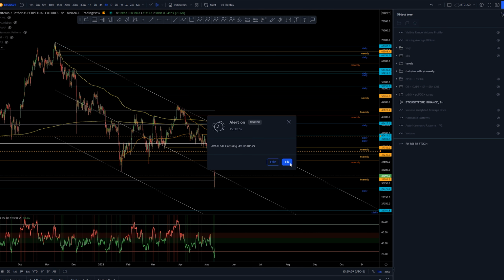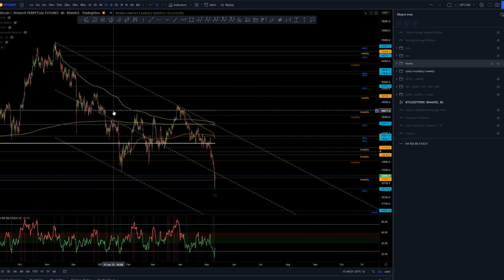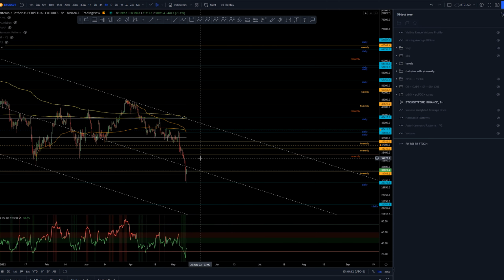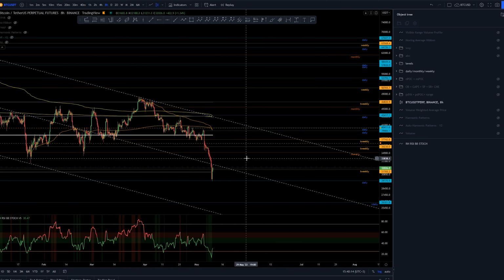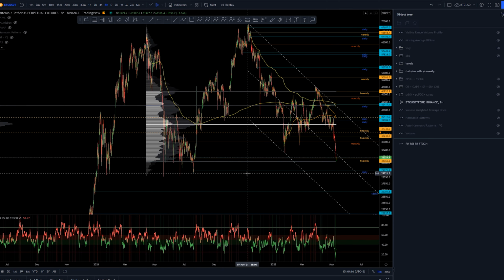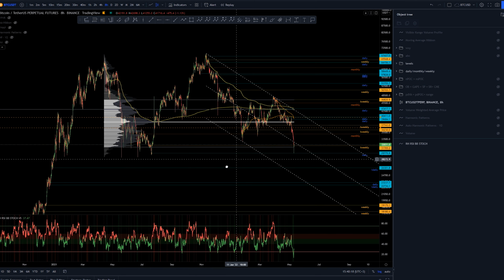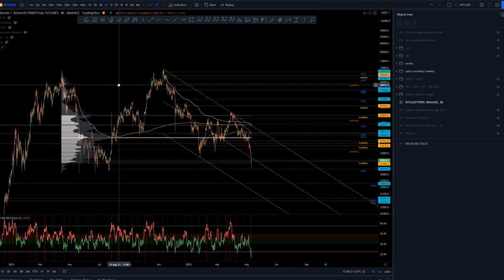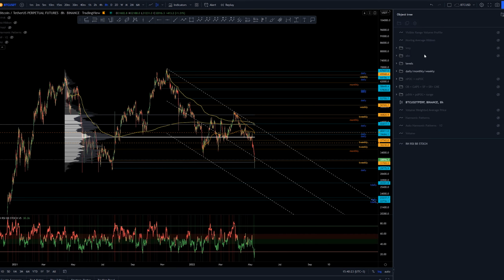Not too much confluence around this midpoint, there is a few points that we can establish as some kind of confluence for this last bounce here. But again, there is always going to be confluence around these channels, wherever you're going to be drawing them.